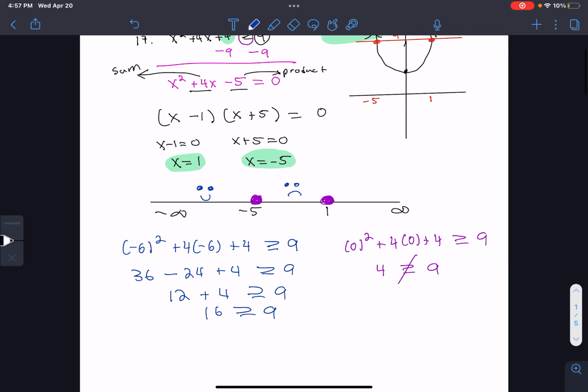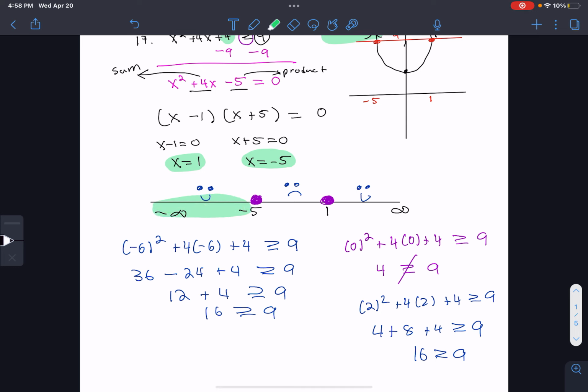Then I'm going to pick a number between 1 and infinity. Let me pick 2, and check to see if it's greater than or equal to 9. 12 plus 4 is 16, so this section is good. So this region and this region are good.